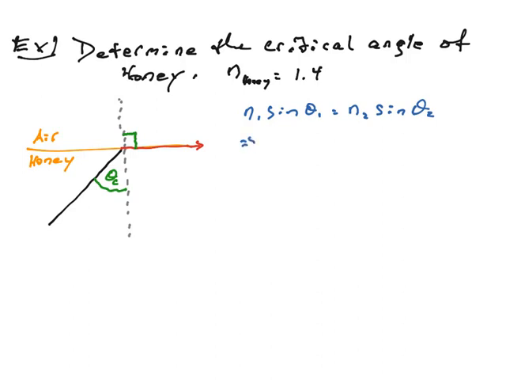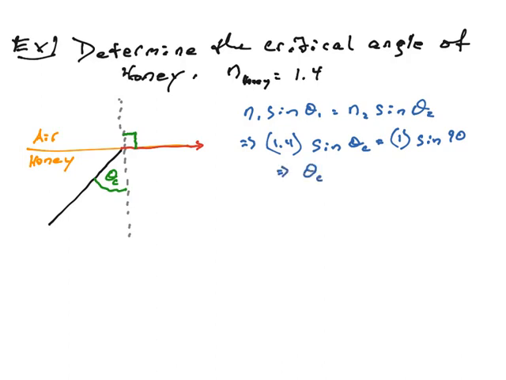And n1 is 1.4. Sine theta 1, well, I don't know what theta 1 is, but that's the critical angle. That's what I want. So theta c equals. And n2, I'm going to air, so that's 1. Sine theta 2 is 90 degrees because this is the critical angle.